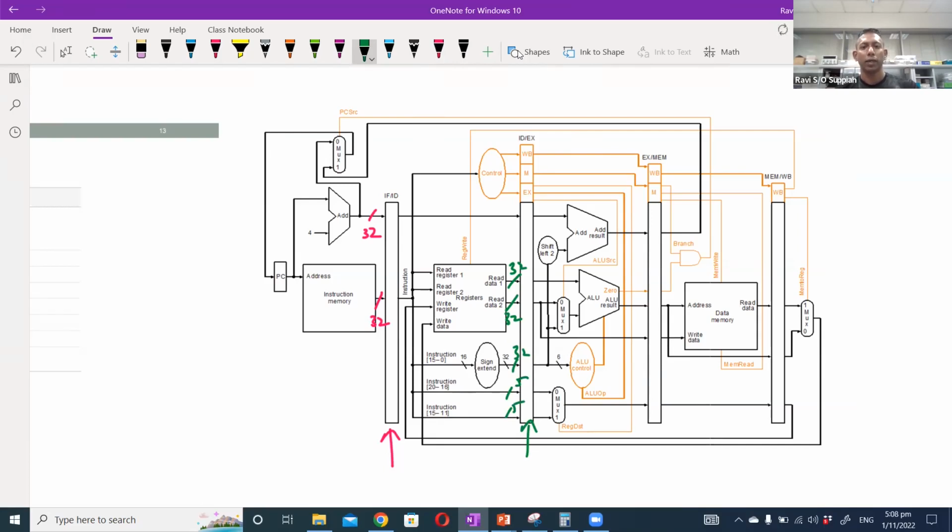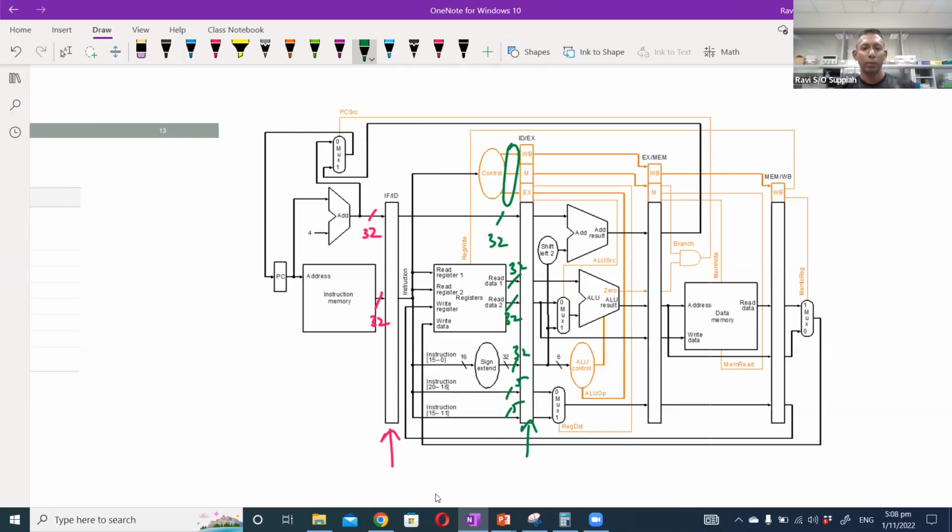Then I also have my PC plus 4, which is another 32-bit, plus my control signals over here. So the amount of information that I store in each stage is different. I need different sizes of register banks to hold information for me while my instruction is propagating through the pipeline.